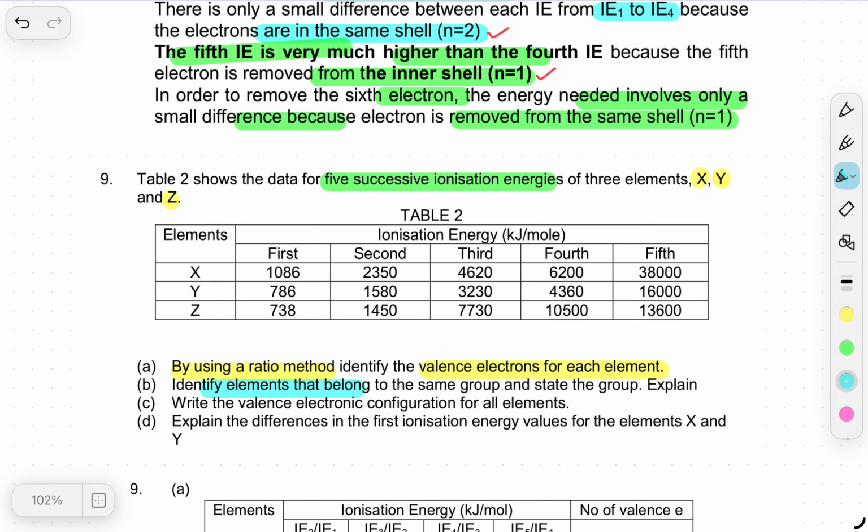Next, identify the elements that belong to the same group and state their group, give an explanation. Write the valence electronic configuration for all elements and explain the difference in first ionization values for atom X and Y. Let's do it part by part.